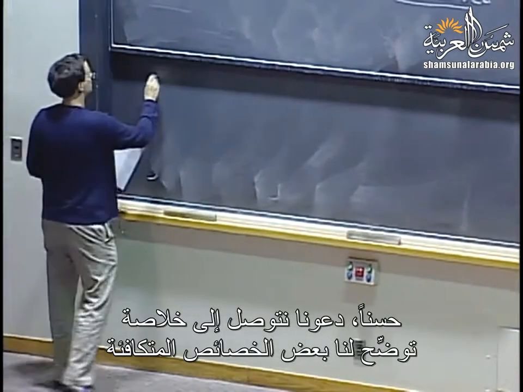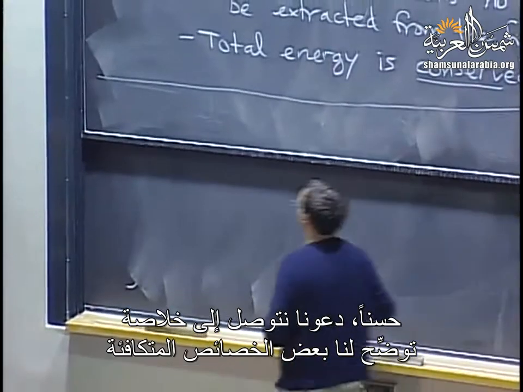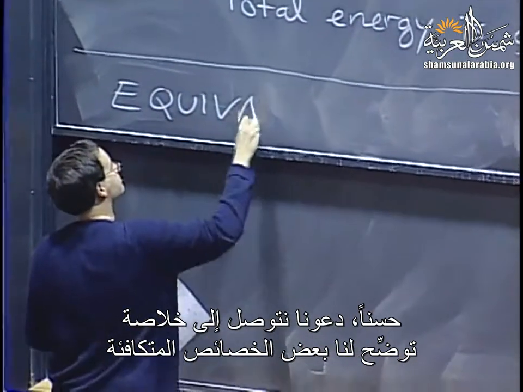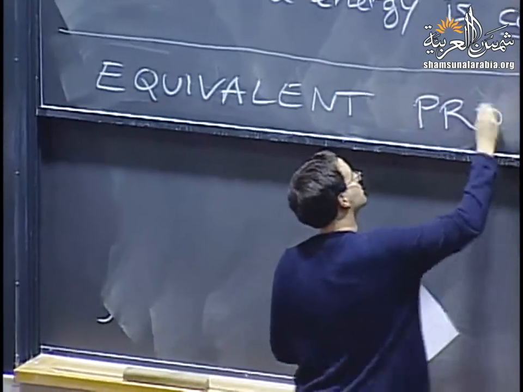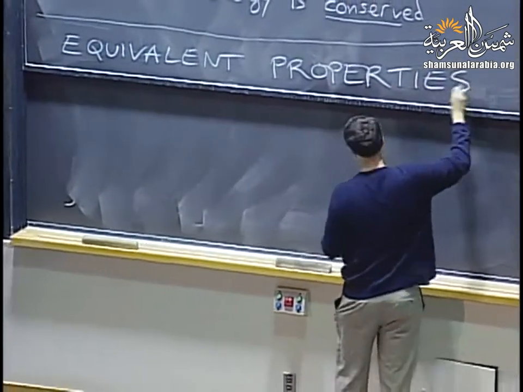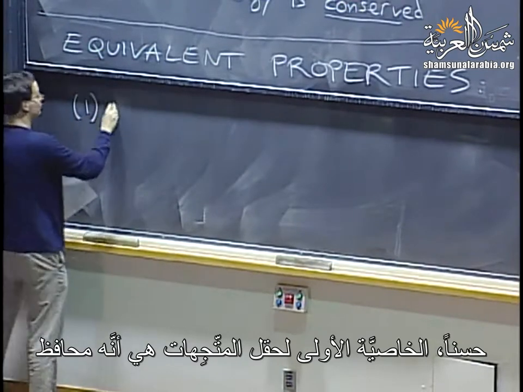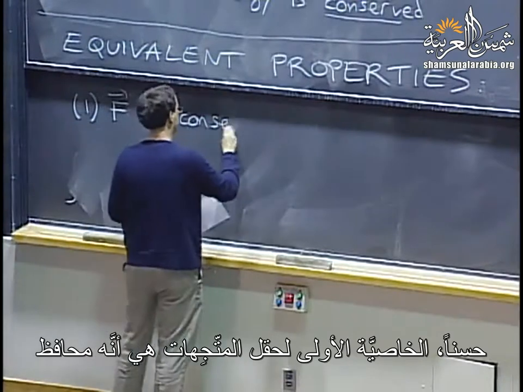Okay, so let's end with a recap of various equivalent properties. So the first property that I will have for a vector field is that it's conservative.